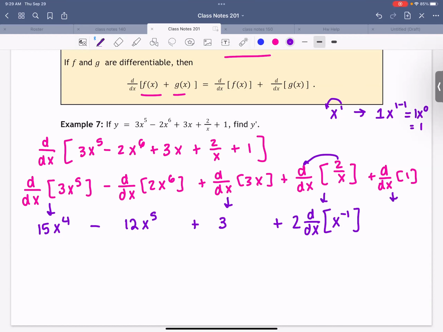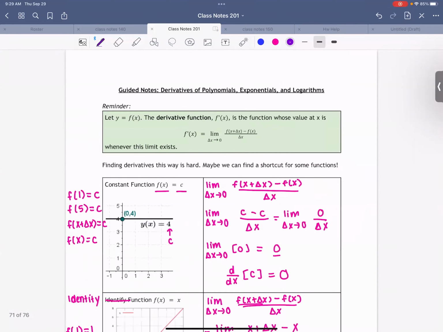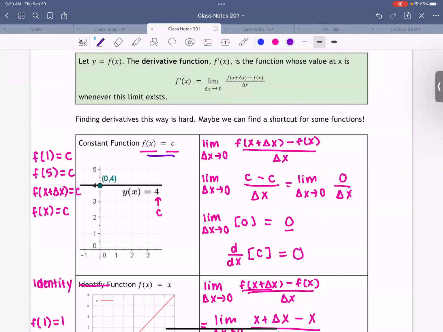Okay, and what's the derivative of 1? It's the first derivative we talked about. Let's take a look at our constant function, right? The derivative of any number is just going to be 0.